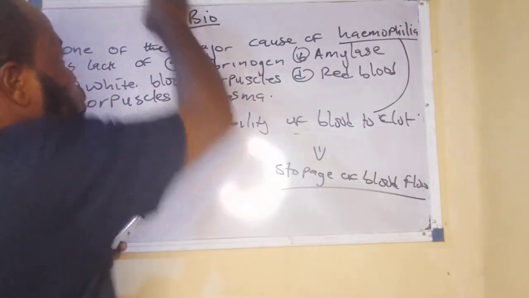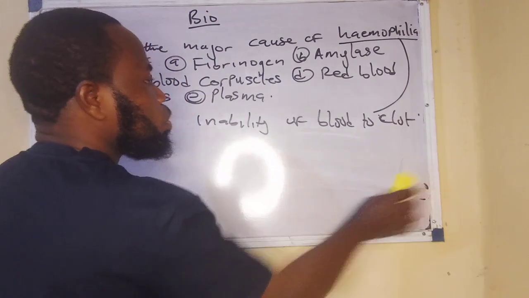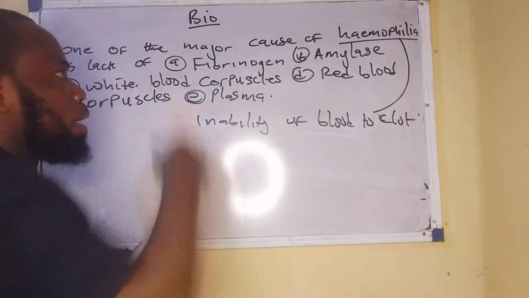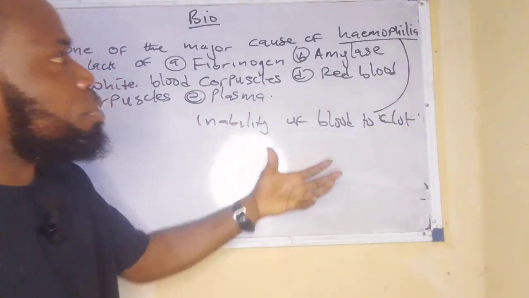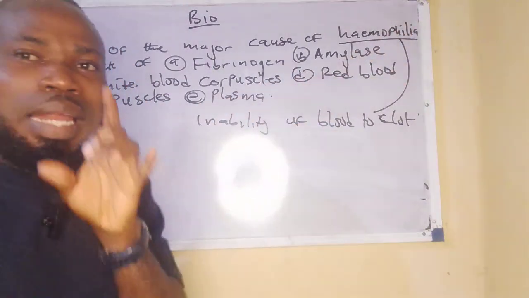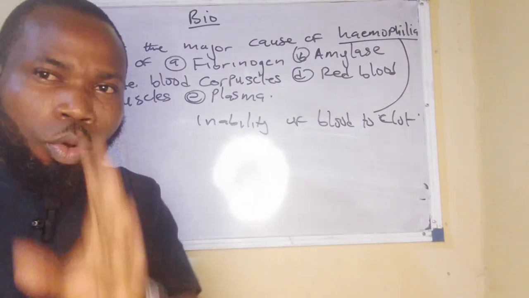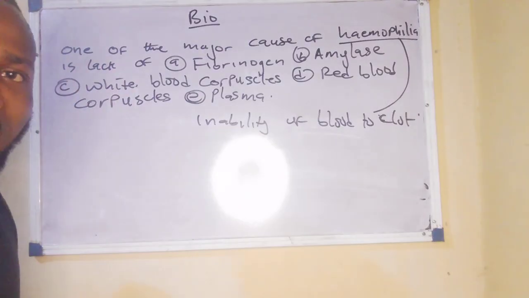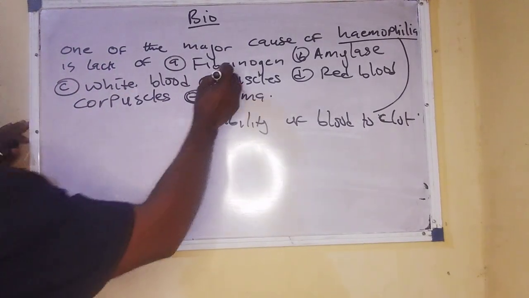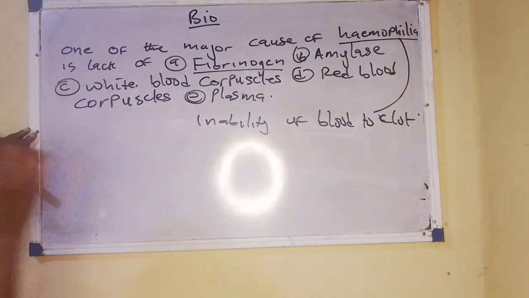When the blood does not clot on time, it can result in serious problems and defects. That condition is what is regarded as hemophilia. And hemophilia is commonly caused as a result of lack of a blood protein. What's that blood protein? It is fibrinogen.